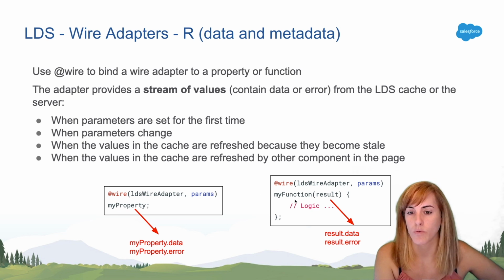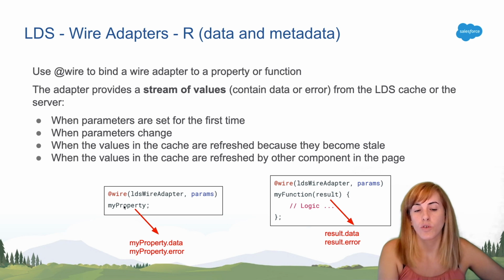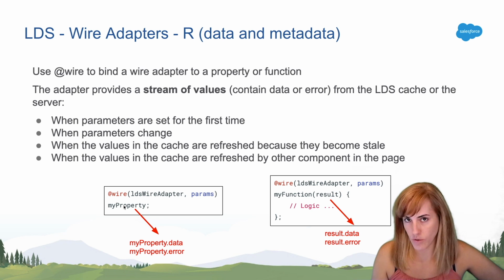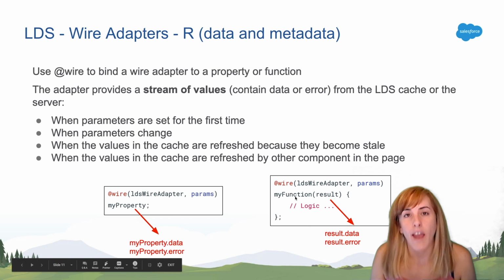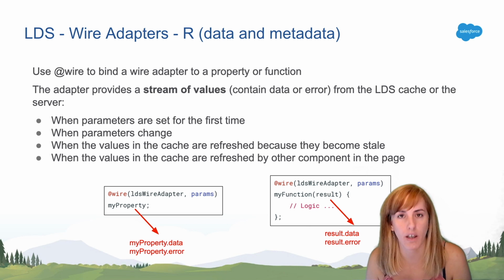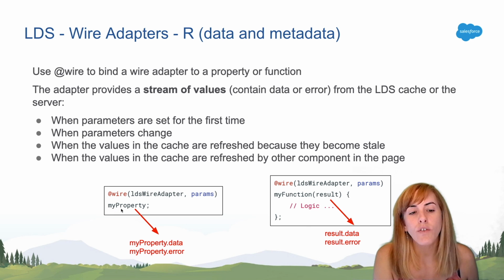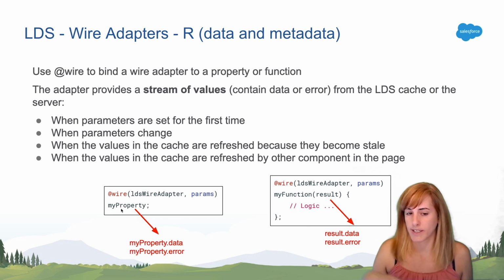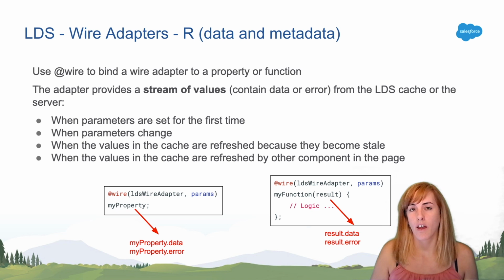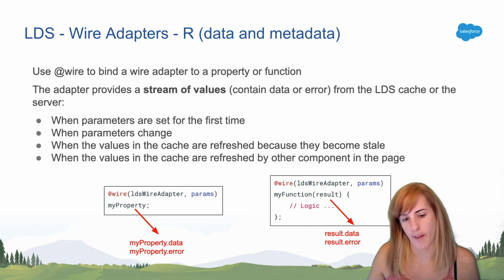What's the difference? Well, in the first case, the property is going to receive the new values, and in this case, the function is going to execute every time that we receive a new value. In the case of the property, it may happen that there is an error when calling that GetRecord wire adapter, right?